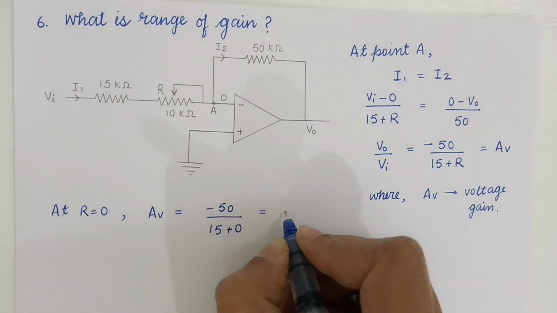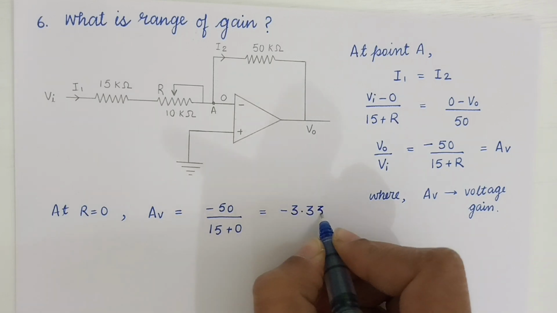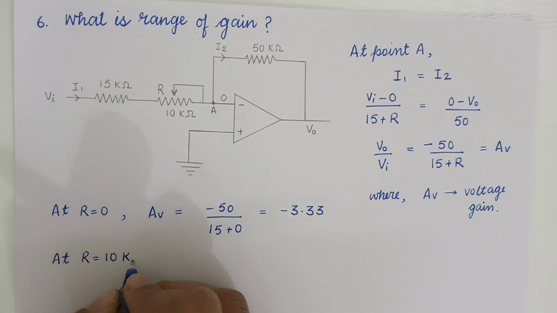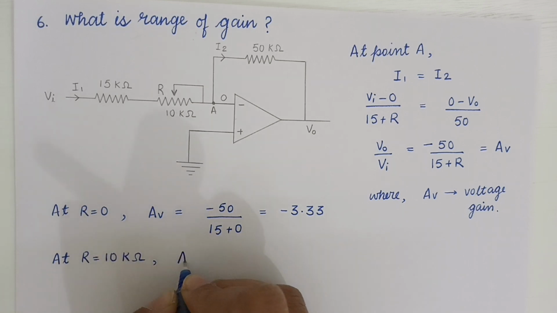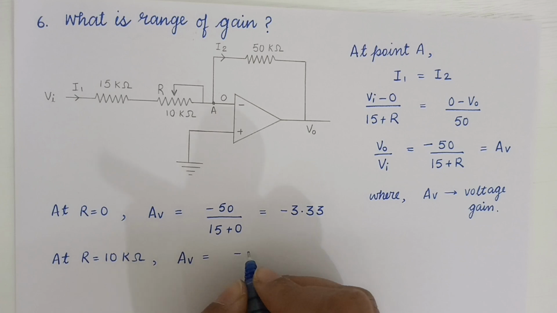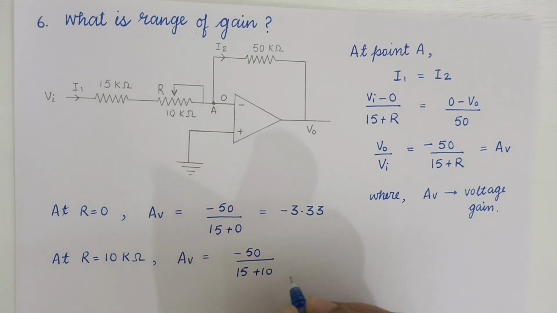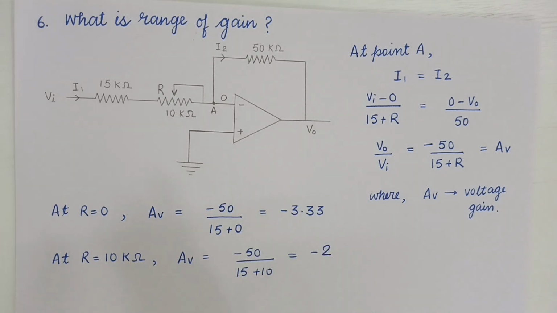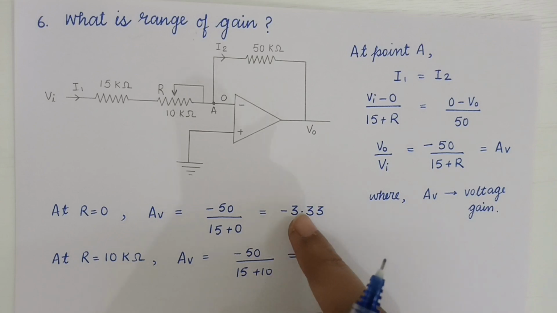This is equal to minus 3.33. Alright, now at R equal to 10 kilo ohm, AV is equal to minus 50 divided by 15 plus 10. This will give us the value minus 2. So here we get the range, that is from minus 3.33 to minus 2.